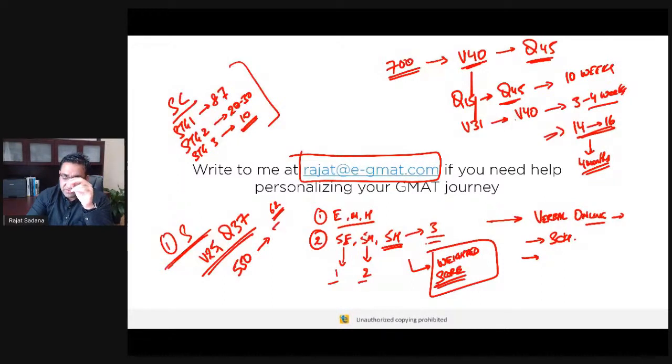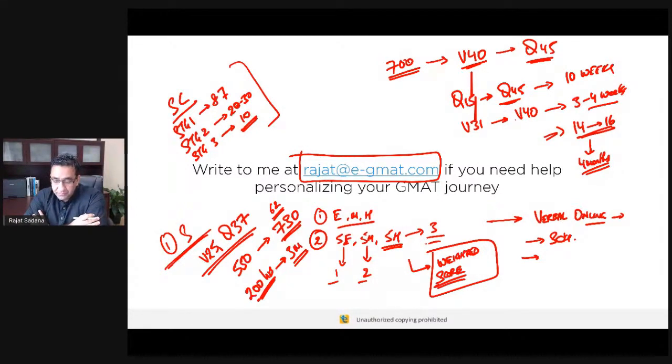You're going to go to a 730. I would say you need about 200 hours of effort. So 200 hours typically is about 3 months for most people. Yeah, 2.5 to 3 months, again, if you're working full time and if you're doing this.